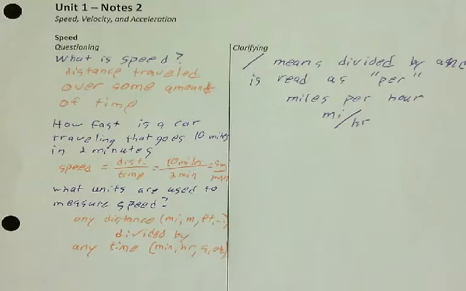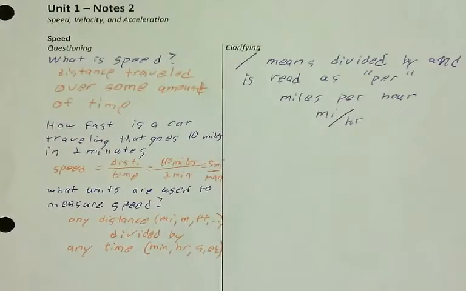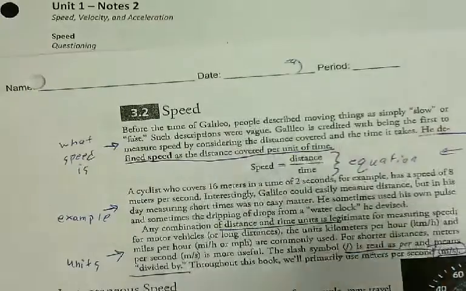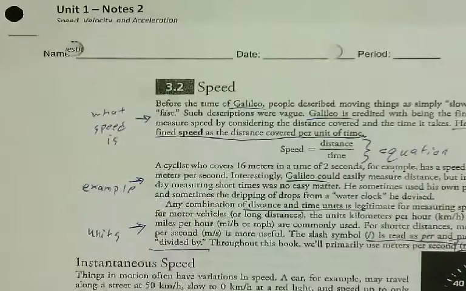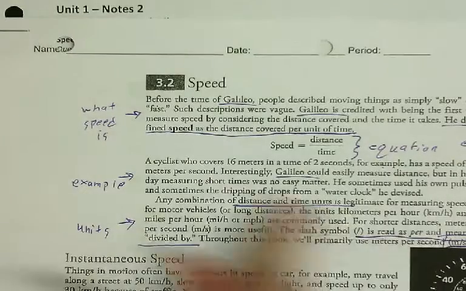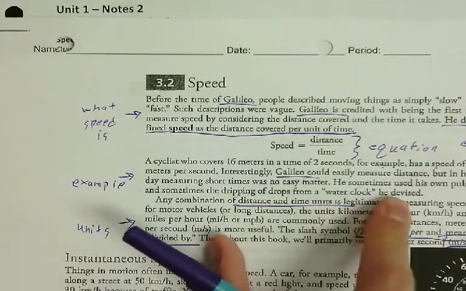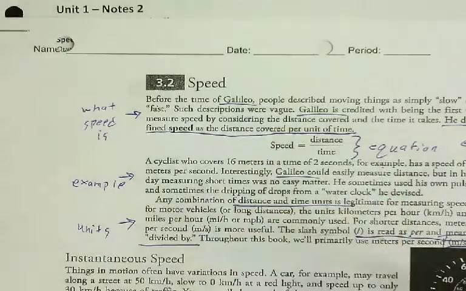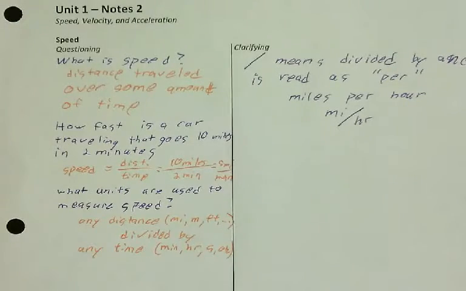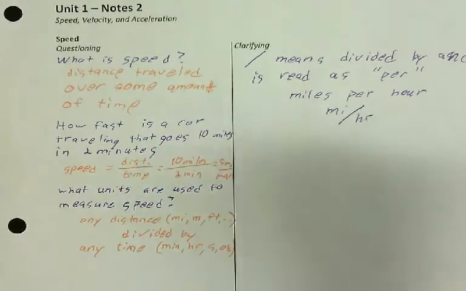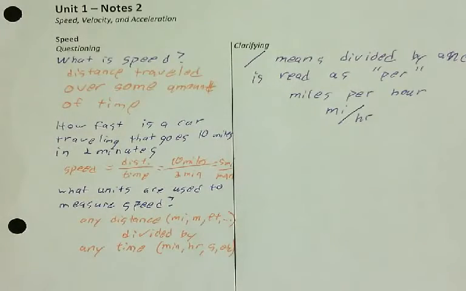Okay? Another one is, who is Galileo? So it talks about Galileo 3 times. But it doesn't actually describe anything about him other than he came up with this water clock idea, other than he was the first person to start measuring things. So another thing that might be worth clarifying is who Galileo was. And that might be something you would have to look up or something you might have to ask me.